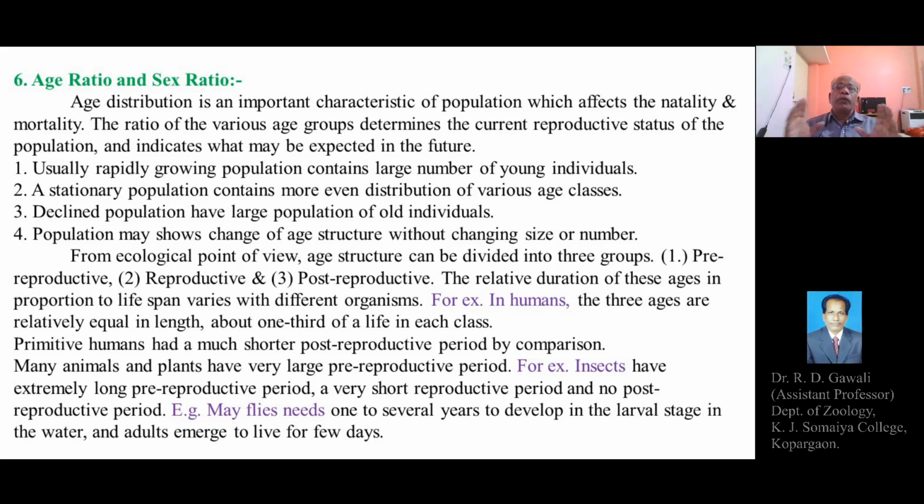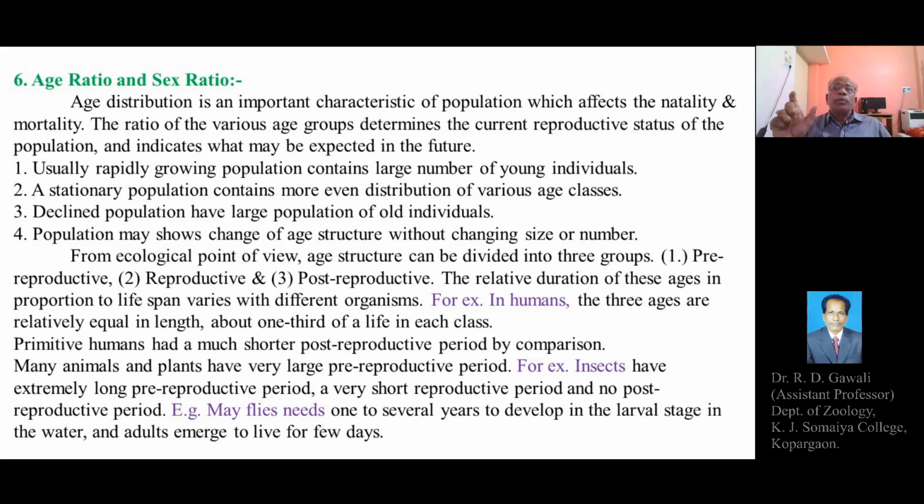Stationary population means the number of individuals of the population is stable, indicating an even distribution of individuals, with an equal number of individuals in each age group, that is young, adult and old, or pre-reproductive, reproductive and post-reproductive.